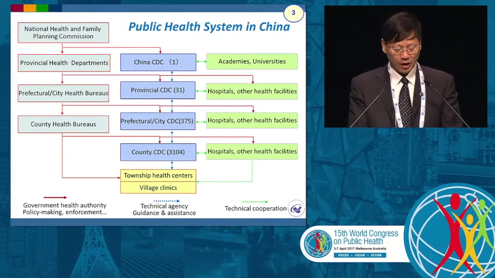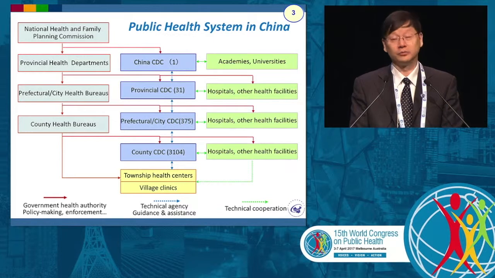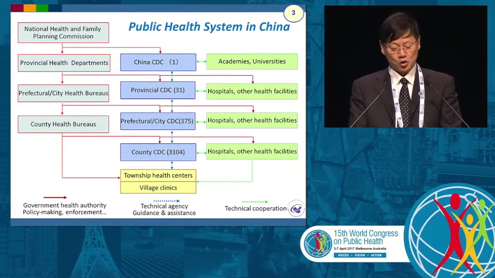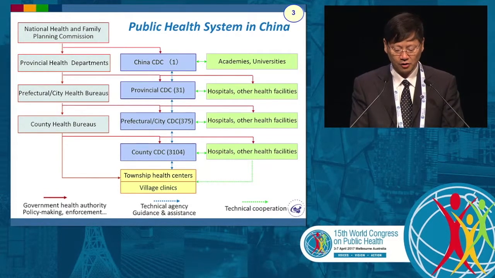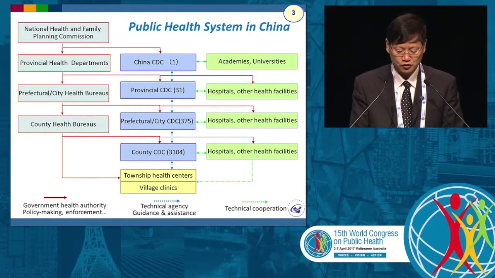In China, a robust public health system has been built throughout the country from the grassroots level up to the national level, which includes three pillars. The left pillar is a government health management authority system from the county to national level, which is responsible for health policy making and implementation.